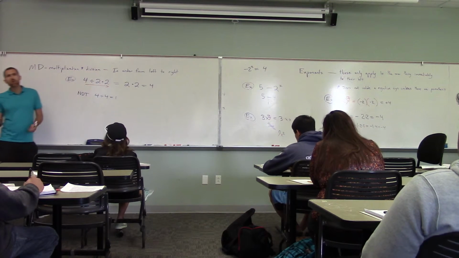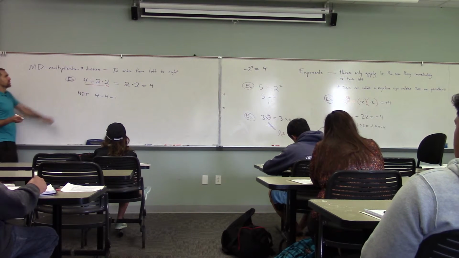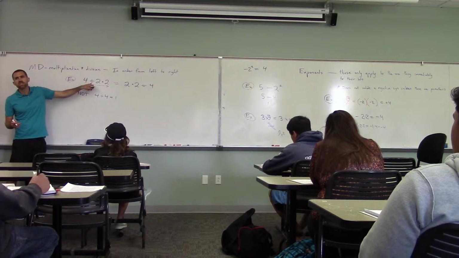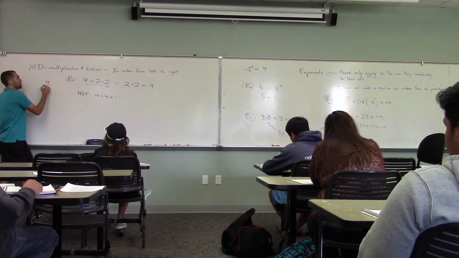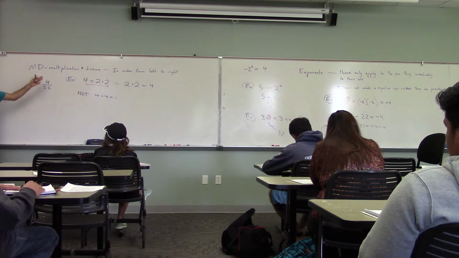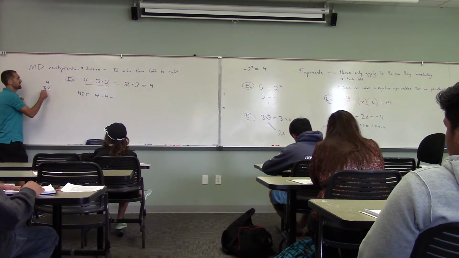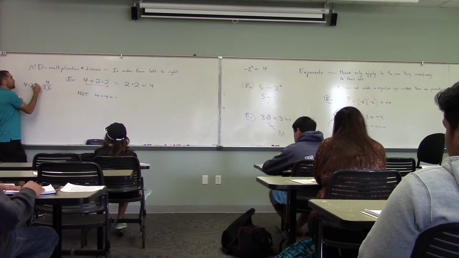Now, in all honesty, this doesn't actually occur that often, and the main reason is we don't use this symbol that much. Instead, we use a division bar. So if I rewrote this with a division bar, nobody's going to do the thing wrong. Everybody's just going to say, okay, well, this is 4 divided by 4. It's a different problem than 4 divided by 2 times 2.